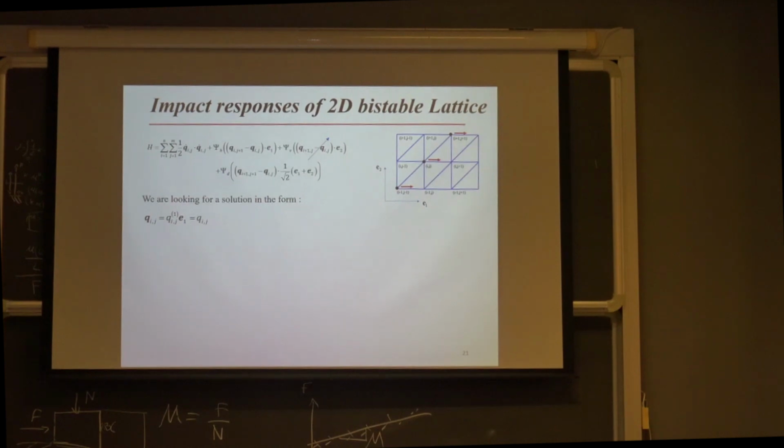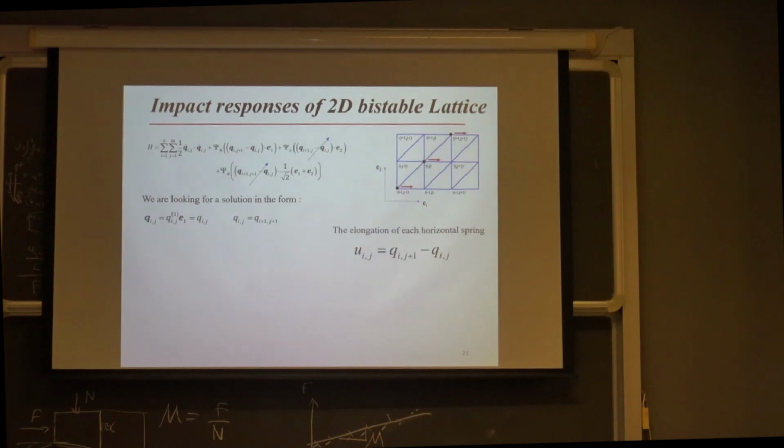Now let's plug in the diagonal impact, with Q_ij equal to Q_i+1,j+1. That's exactly the same expression over here, and that eliminates the diagonal rods. So we stay only with the horizontal rods in this case.